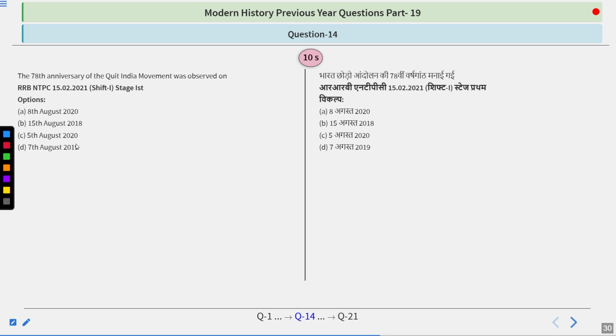The 78th anniversary of the Quit India movement was observed on which date? Options are 8th August 2020, 15th August 2018, 5th August 2020, or 7th August 2019. So think about it and tell me the answer, guys.